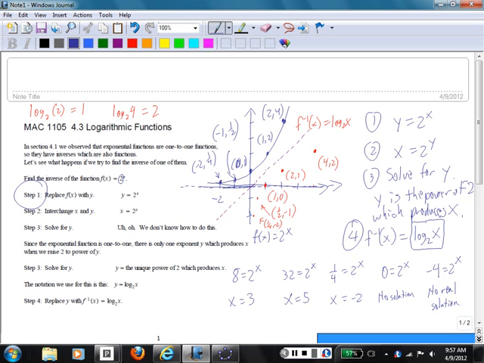Sometimes I can illustrate it, but I have to be careful. If I put my elbow on the x-axis, just kind of pivot it and reflect it about the line y equals x, the positive x-axis is going to go where?